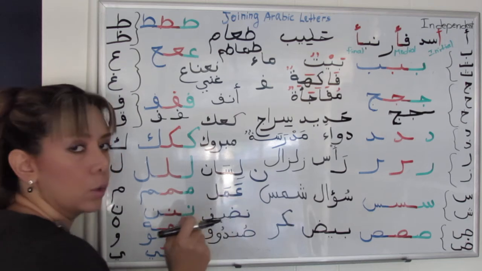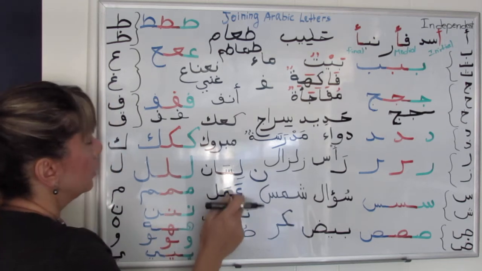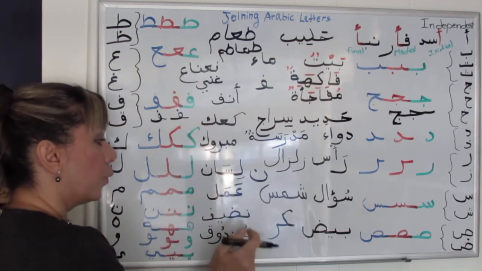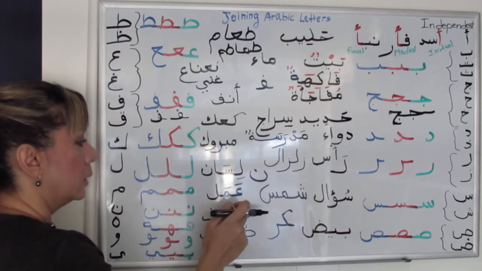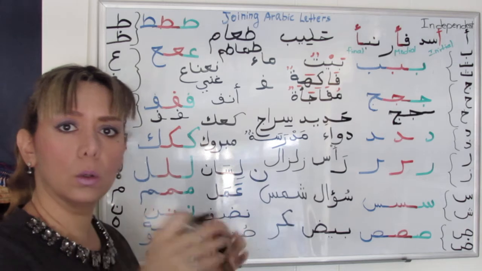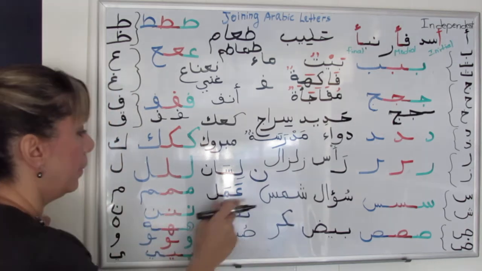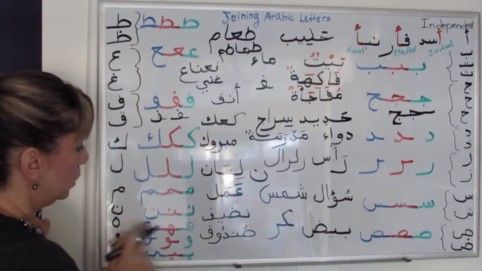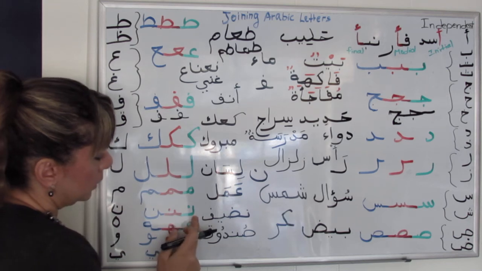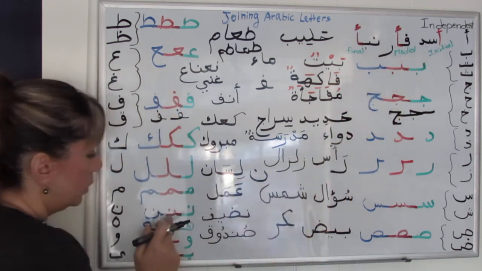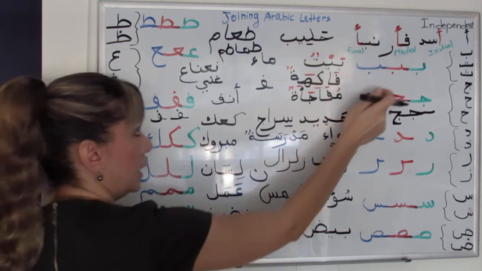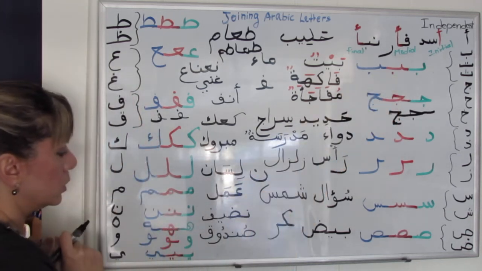Amal, amal, work. Ain in the initial form, mim in the middle, and lam. They are all friendly, they all connect. Amal. Noon, here, this is the beginning, just like this, with the dot on top. In the beginning also same as here, with the dot on top.